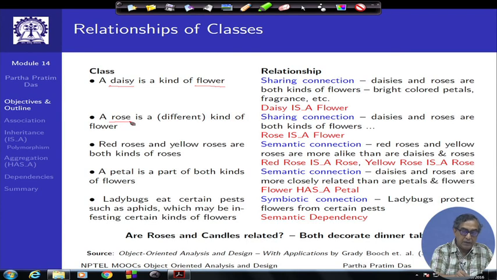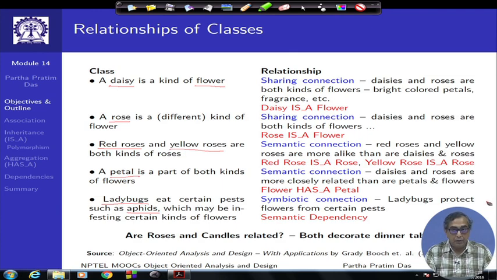Rose is a class, red rose, yellow rose, they are classes. Petal is a class, ladybugs is a class, aphids is a class. So, at least these classes we can clearly identify, and we have talked about the nature of classes in the last module. So, following those principles, we can easily say that these are the classes.